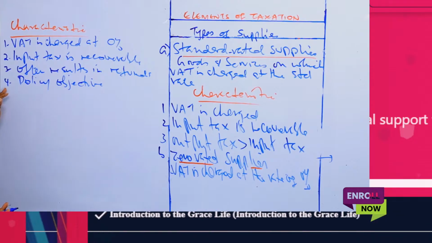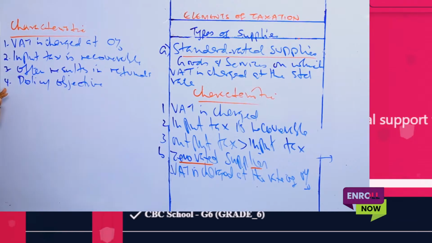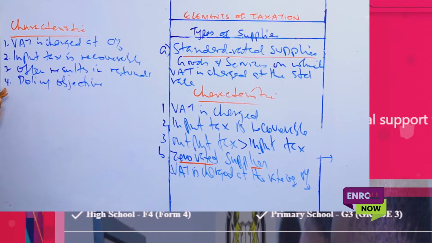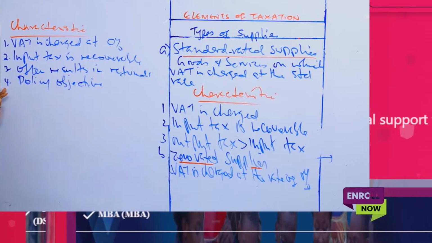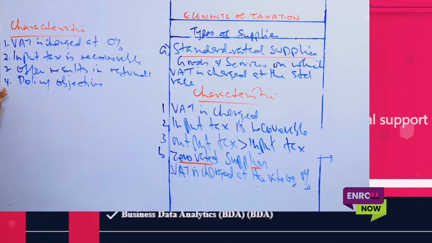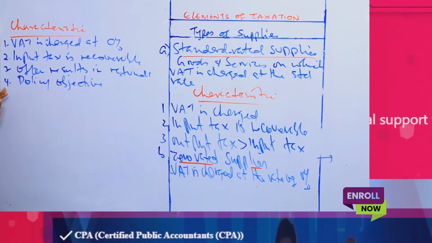We also have certain agricultural supplies, specific and processed agricultural products as listed in the law. We also have supplies to export processing zones and special economic zones: goods and services supplied to licensed EPZ enterprises. Those are zero-rated supplies.